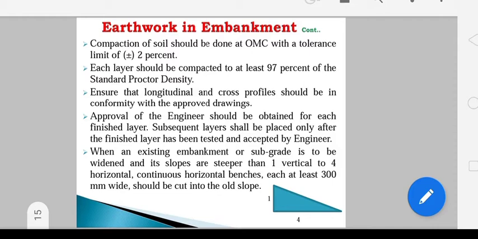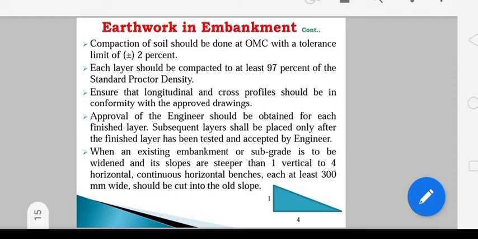The subgrade is to be widened, then, and if its slopes are steeper than 1 vertical to 4 horizontal, continuous horizontal benches, each 300 mm wide, should be cut into the old slope.